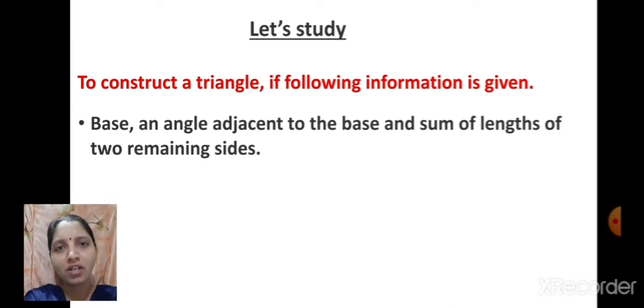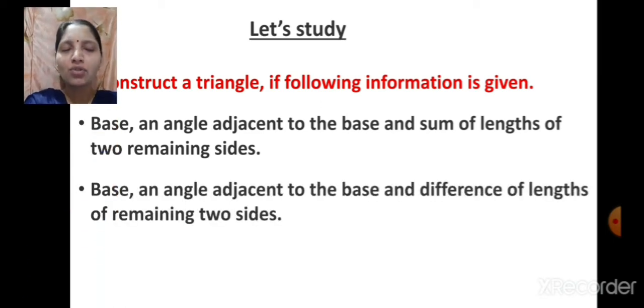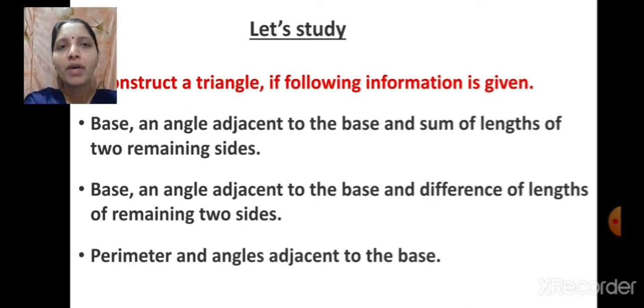Second case is when the base, the adjacent angle to the base, and the difference of lengths of the remaining two sides is given. And the third case is when the perimeter and angle adjacent to the base is given, then how to draw the triangle.